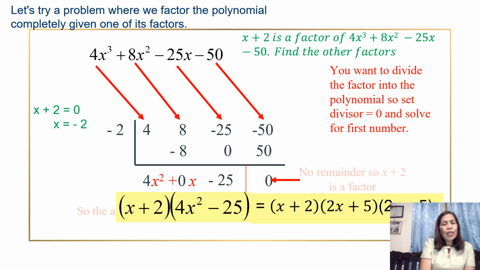Ito yung tinatawag nating sum and difference of 2 squares. Diba? Ang factors ng 4x squared ay 2x. Ang factors ng negative 25 ay positive 5 at negative 5. O, diba? Tatlo na sila. Yan. So, ganyan po ang pag-determine whether a binomial is a factor of a given polynomial.